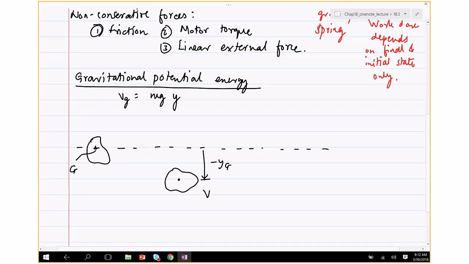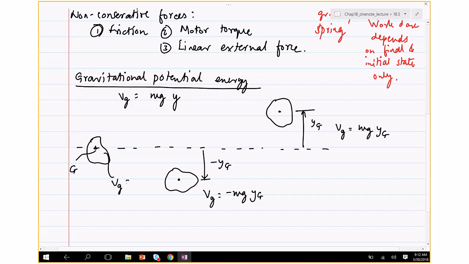So if the body moves down, then the potential is negative. If the body moves up like so, then the potential is positive. Okay, if it's on the datum, then the potential is simply 0, because the displacement is 0.